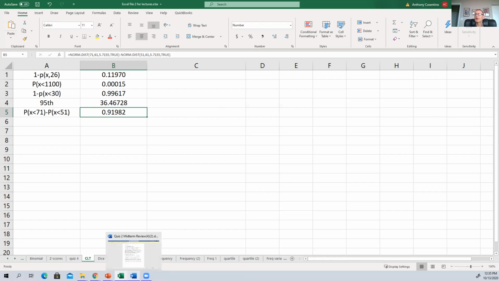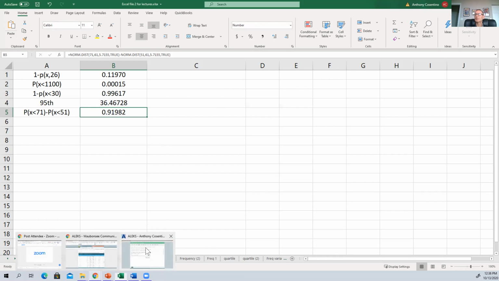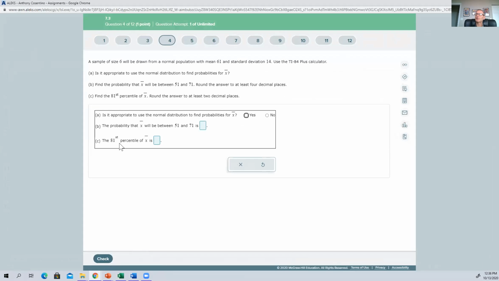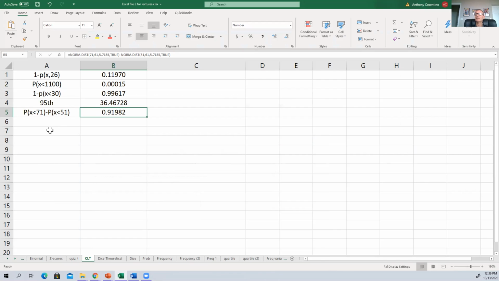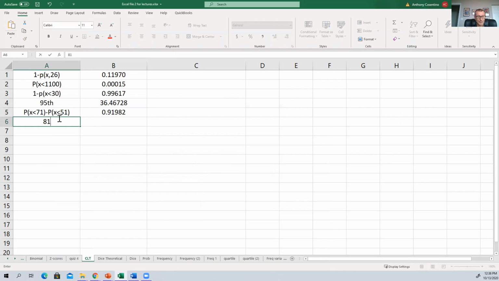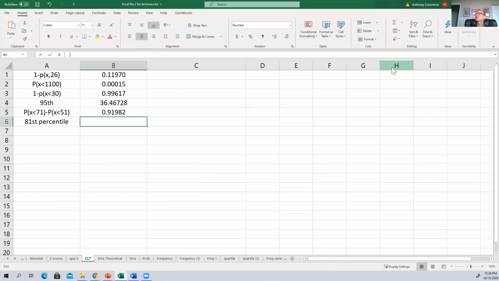And the last problem states the percentile. The 81st percentile is going to be norm.inv, in more functions.